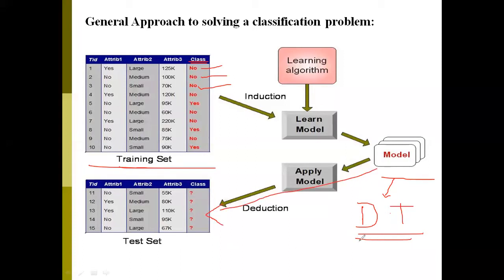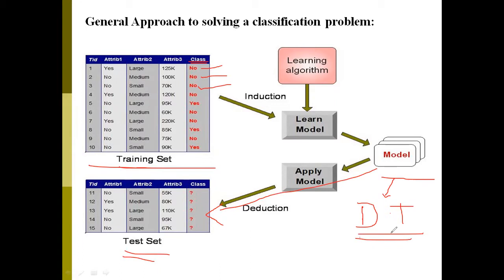Why are we going to apply this decision tree on the test set? To check whether the constructed decision tree is working accurately for the given data. To check the accuracy of the decision tree, we apply the test set of data onto the decision tree.